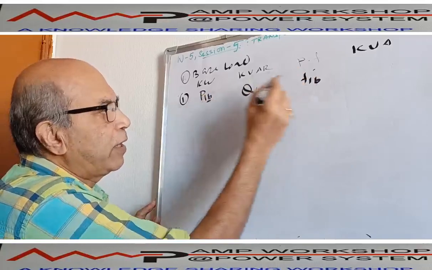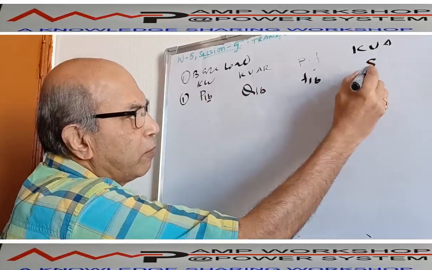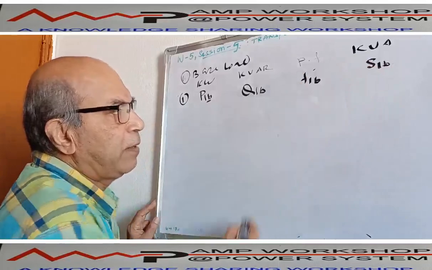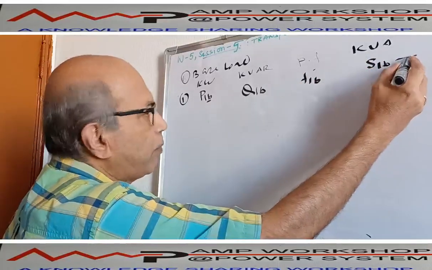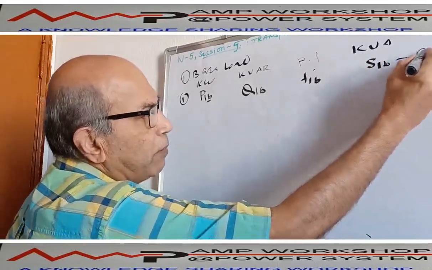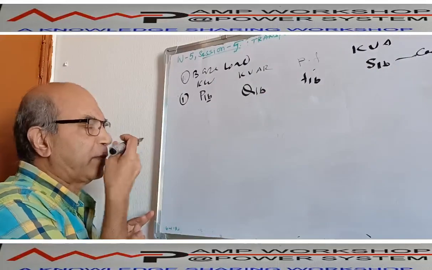If we divide the kilowatt by the power factor, we get the kVA, so we can write S1B as the base kVA. This is the continuous or base power, which we decide first.